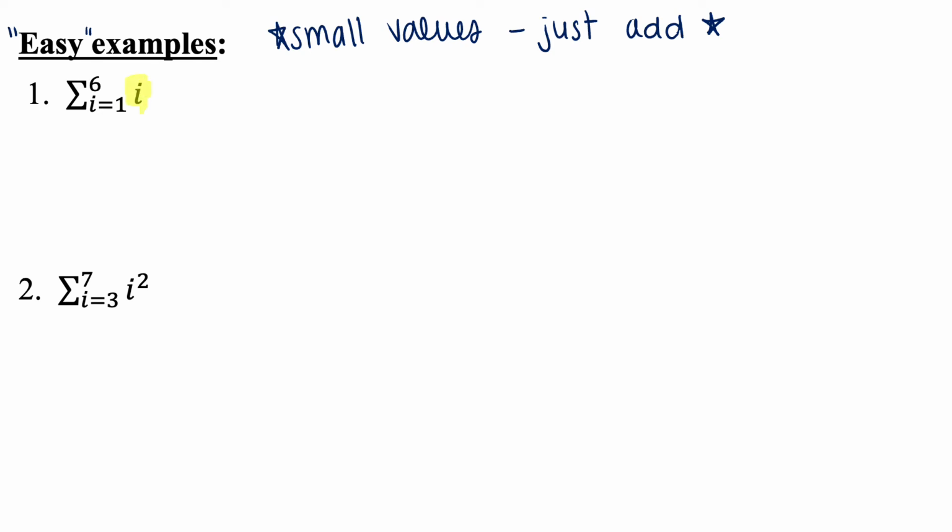So if we plug in i equals 1, we have 1, plus when i equals 2, we have 2, plus 3, plus 4, plus 5, plus 6. These are small enough values that we can just add them, or you might recognize there's pairs: 6 and 1 are 7, 5 and 2 are 7, 3 and 4 are 7, so we can also think of this as 3 times 7, and our sum here would just be 21.